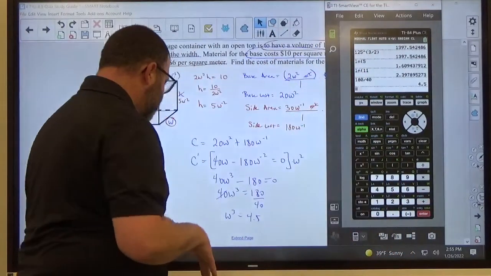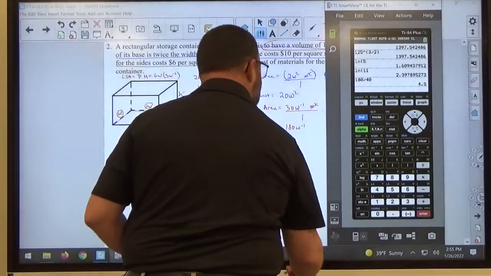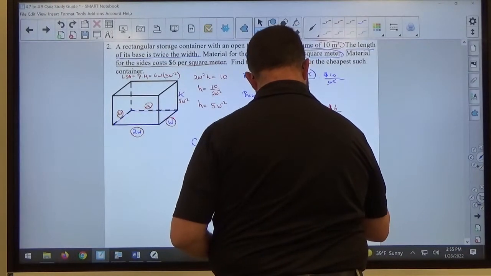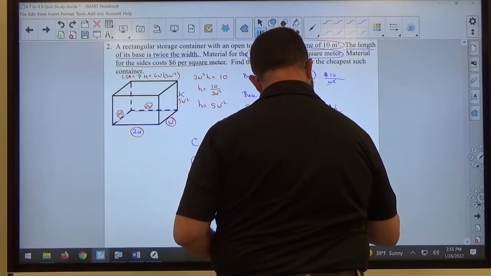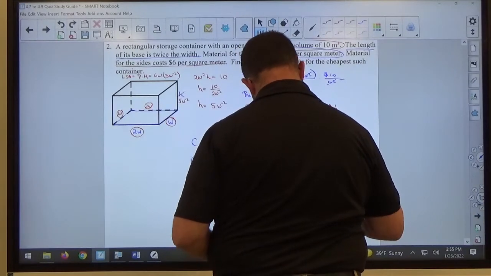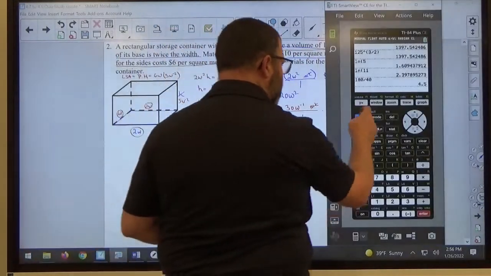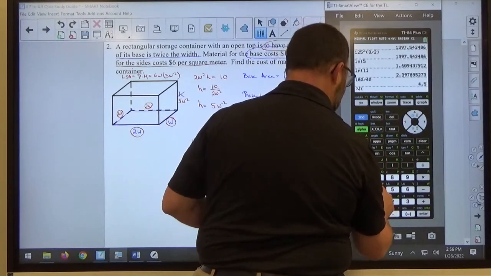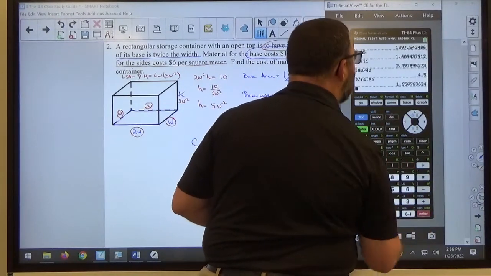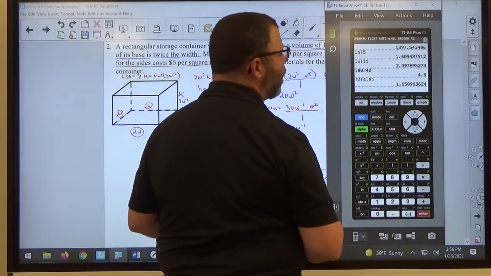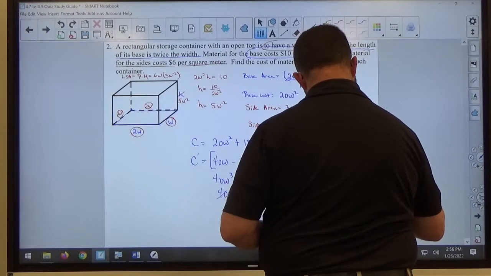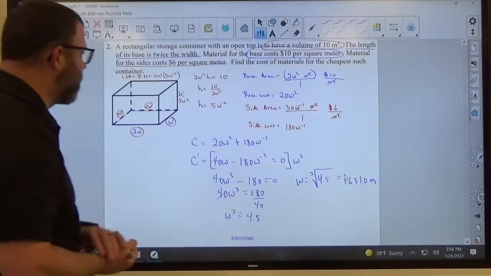All right, so if W cubed is 4.5, W should equal the cube root of 4.5. The cube root comes out to 1.6510. That'll be meters because that's the unit of length of the property.